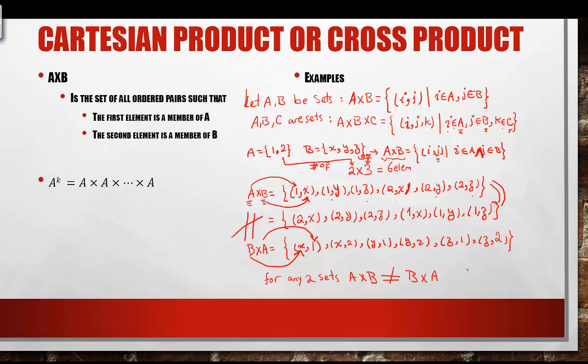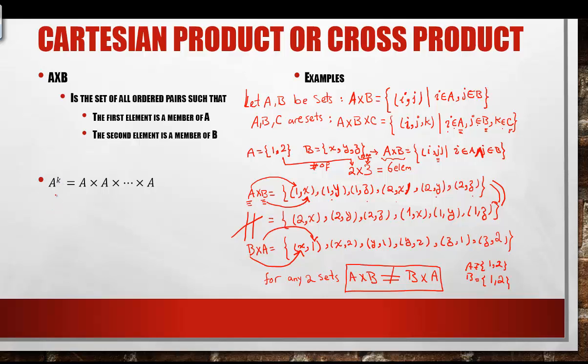For example, if set A is equal to 1 and 2 and set B is equal to 1 and 2, then the cross products of A and B are equal, but it's not always the case that the cross product of A and B is equal to the cross product of B and A. So cross product is not a symmetric operation, and we'll see the significance of symmetry, reflexivity, and so on, and associativity later on as we go on in this class.